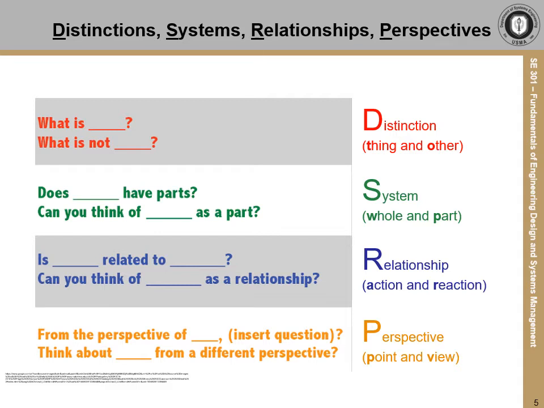From the perspective of fill in the blank, think about fill in the blank from a different perspective. Even if you think about how you're viewing this recording, you're either sitting at a desk, you may be on your phone, you may be using an iPad, you may be sitting on a sofa, but in each of those there are different perspectives and points of view you could consider.